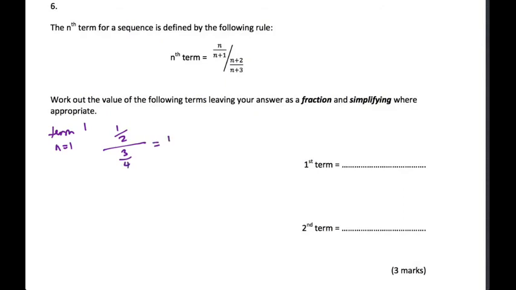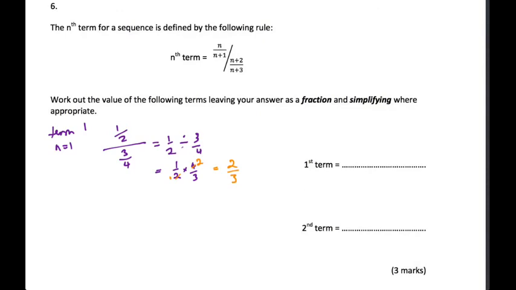Okay? So this is 1/2 divided by 3/4. We can change this big fraction line for a division line. So this is a half divided by 3/4. A half divided by 3/4 is a half times by 4/3. So we can cross cancel here if we wanted to, and multiply, giving you 2/3.